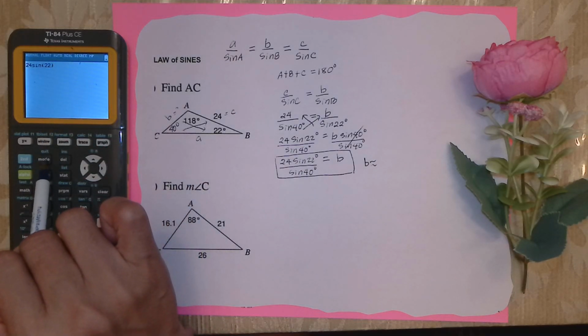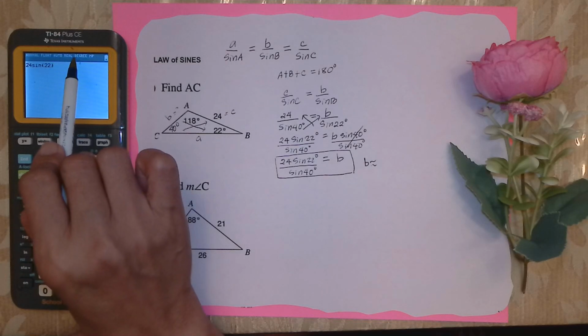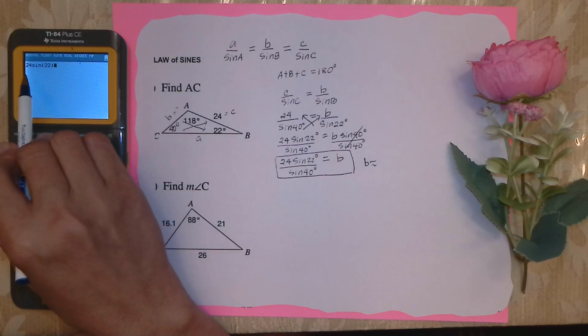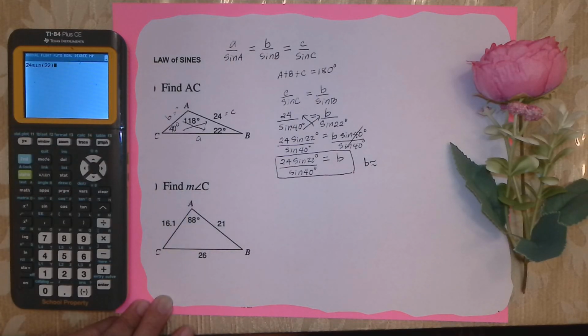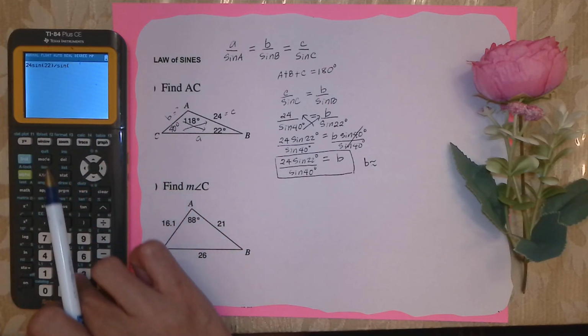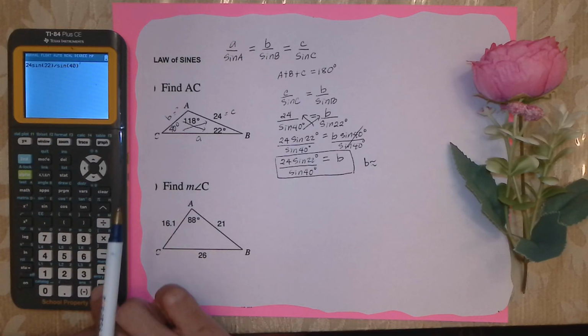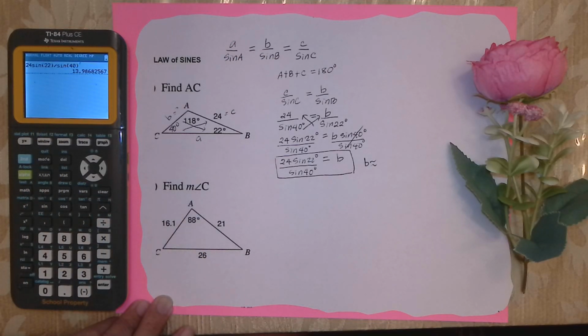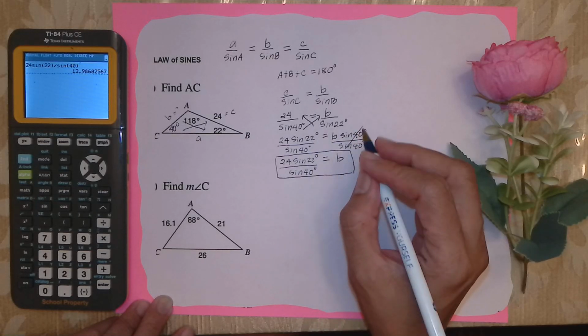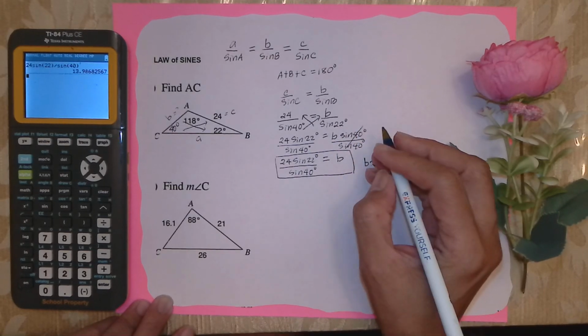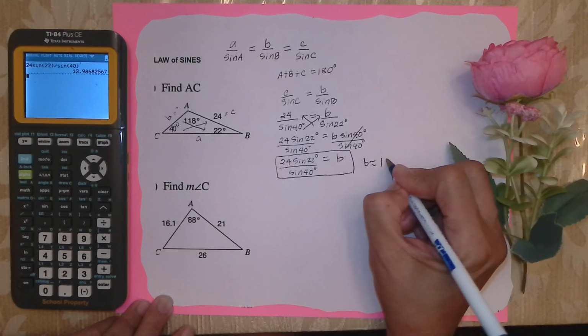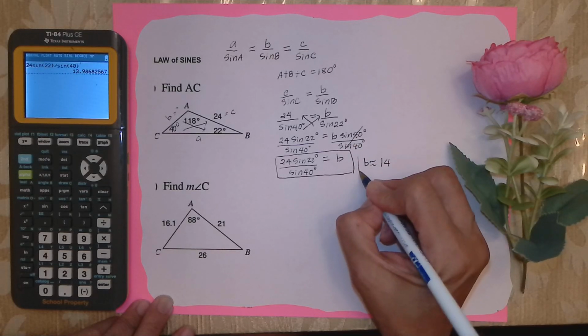You have to click this one and choose the degree mode. So 24 sine 22 divided by sine 40. This is equal to 13.98. If you round to the nearest whole number, that is 14. And there's no unit, so you can just leave it like that.